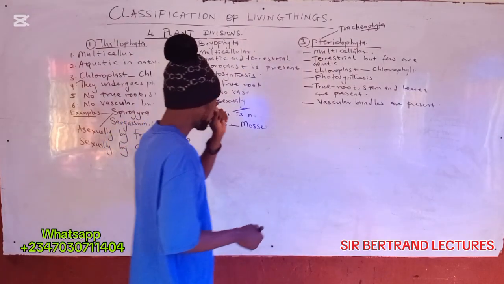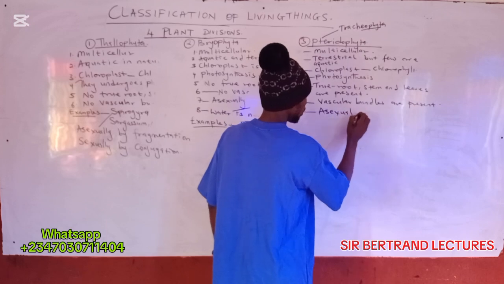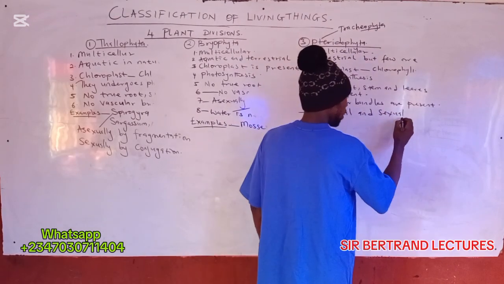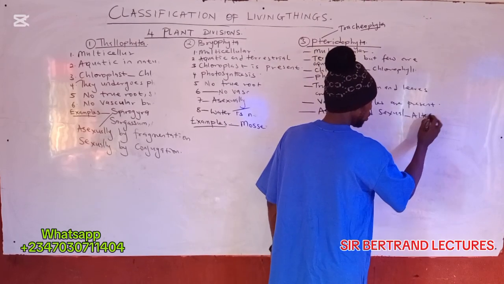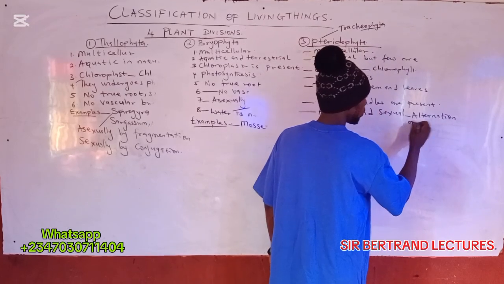All right. Then Pteridophyta here reproduce asexually and sexually. Okay, and that means they undergo alternation of generation. I've said this earlier.